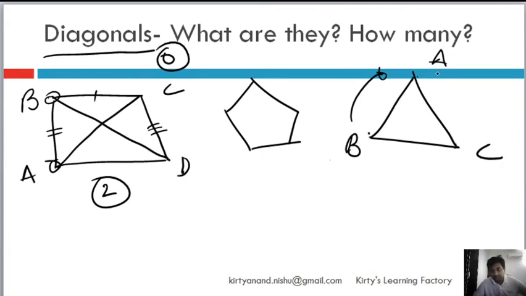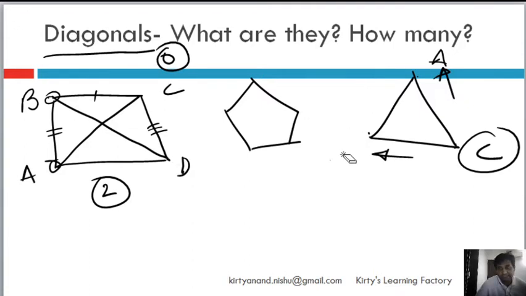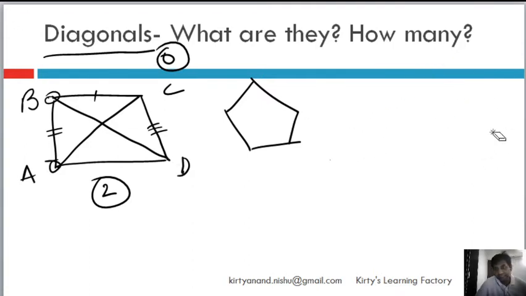Similarly, for point A, point B and point C are consecutive points, and for point C, point A and point B are consecutive points. Therefore, in a triangle you cannot have a diagonal, because the definition of a diagonal is that it is a line segment that connects non-consecutive points. Okay, so in a quadrilateral there are 2 diagonals, we drew it.